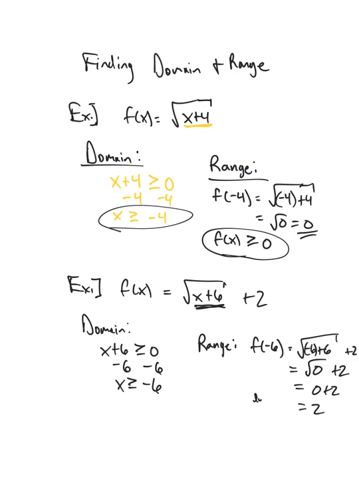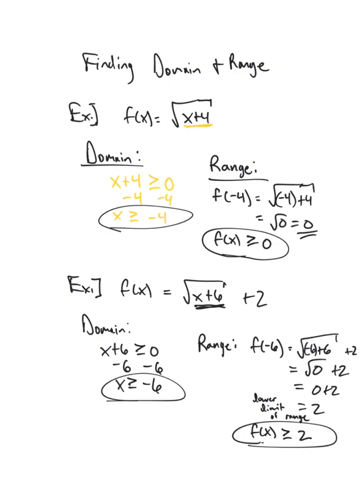Again, this is the lower limit of the range. So that's to say that f of x must be greater than or equal to 2. So there's your range, there's your domain.